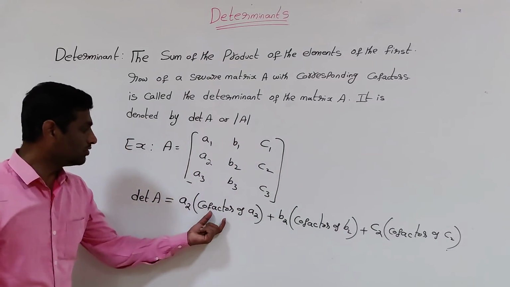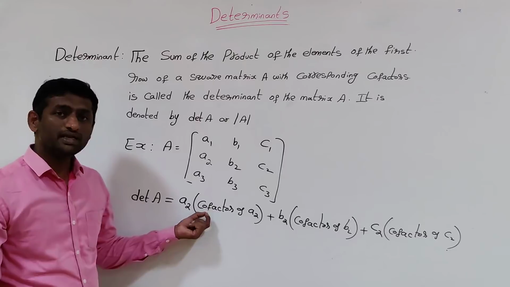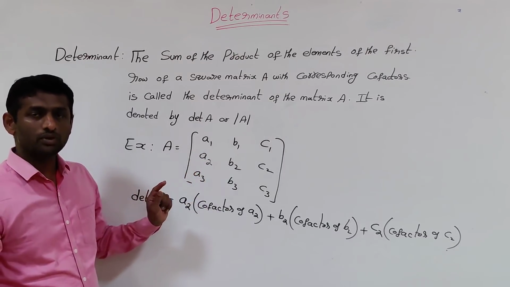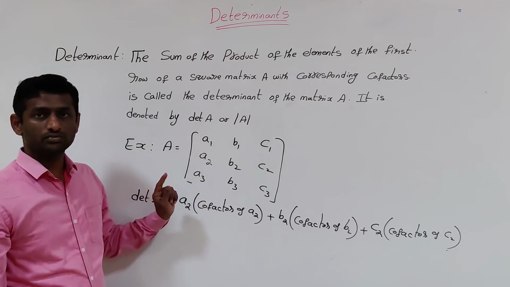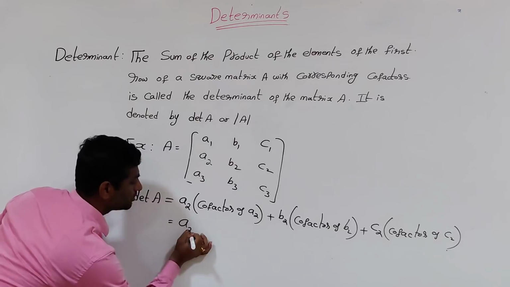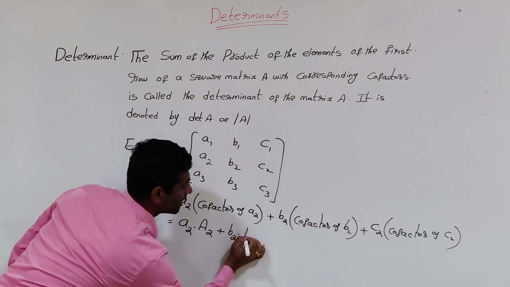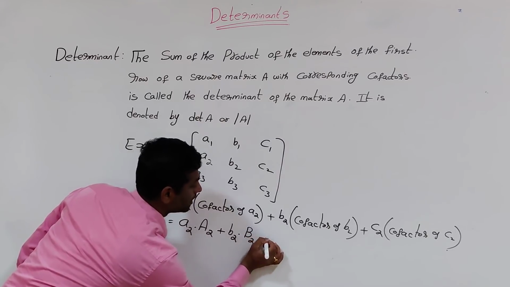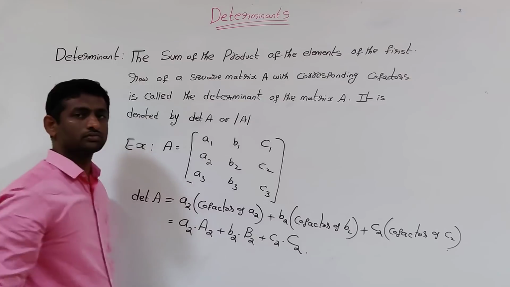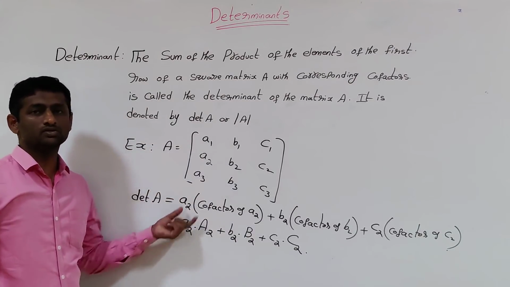And you are well known with what the cofactor of A2 is. It is minus 1 whole to the power of 2 plus 1 into the minor of A2. So that value is denoted by capital A2. A2 into capital A2 plus B2 into capital B2 plus C2 into capital C2. So this also gives the determinant of the square matrix.